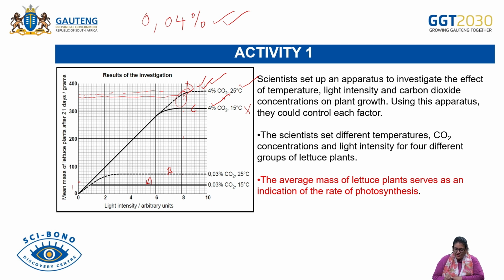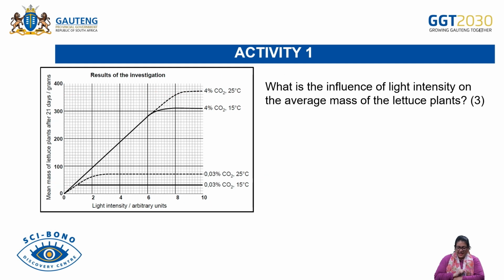The average mass of lettuce plants serves as an indication on the rate of photosynthesis. So this was the highest rate of mass in the lettuce. So that's the highest rate of photosynthesis. Let us look at the same graph, and now let's look at the next set of questions.